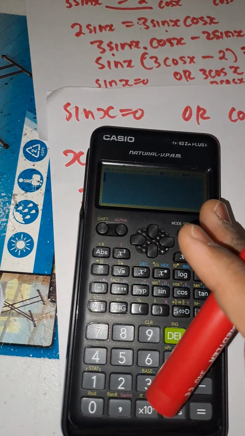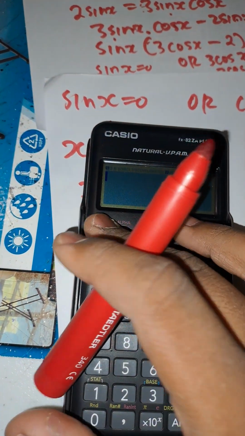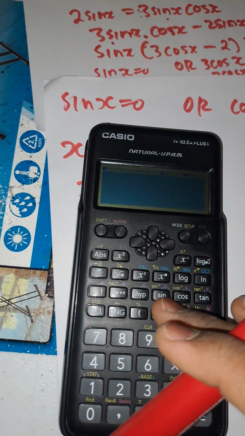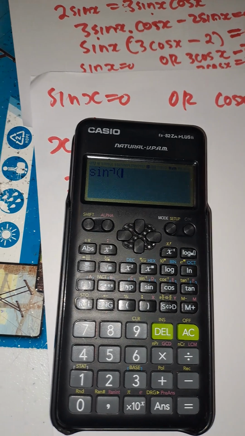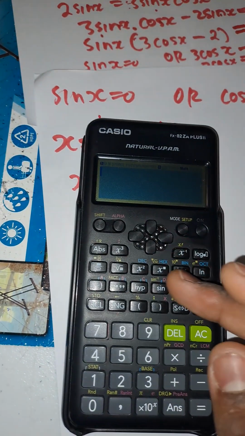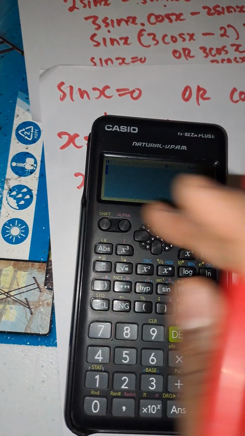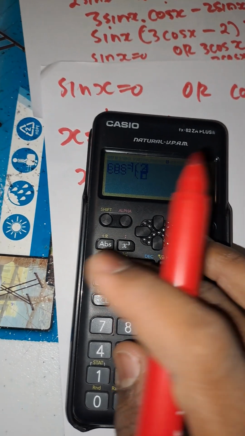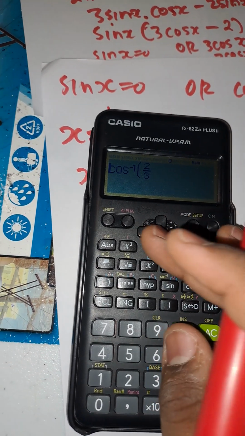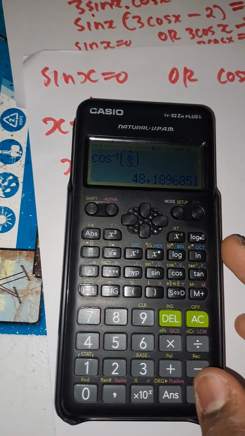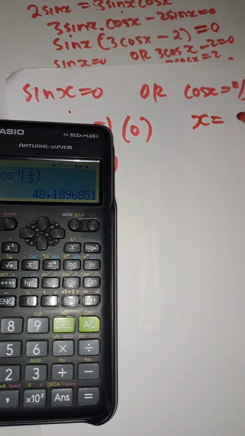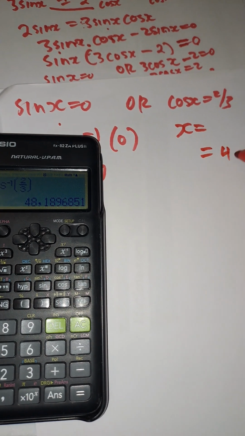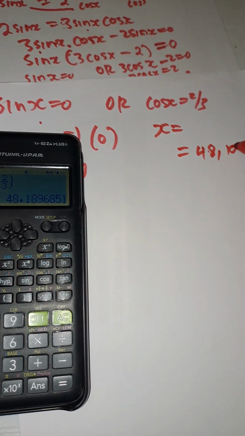For you to find the angle that you want, you simply use arc sine, and let's just say I have 2 over 3, so I'm going to use arc cos. Arc cos of 2 over 3, I get 48.19. So my x is equal to 48.19 degrees.